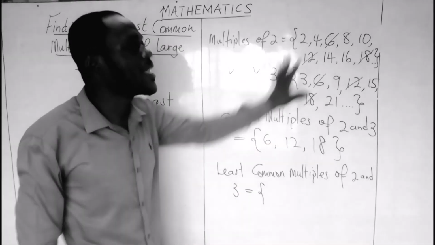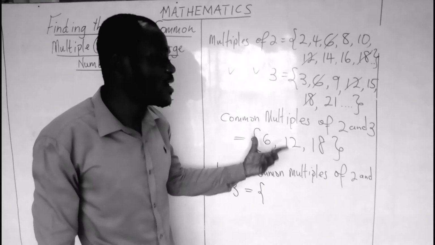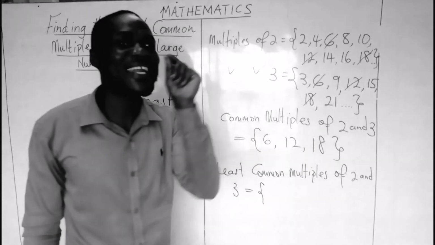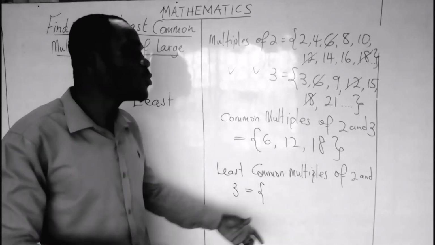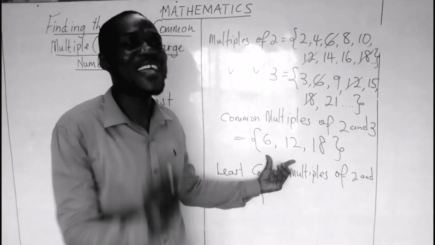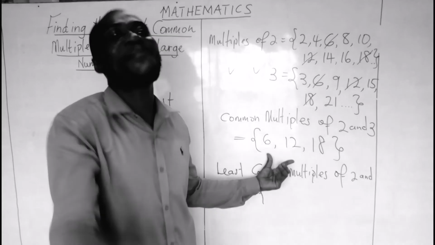First it was the multiples, then we came to common multiples. Now the last one is the least common multiple. So go to the set of common multiples and choose the least number there.